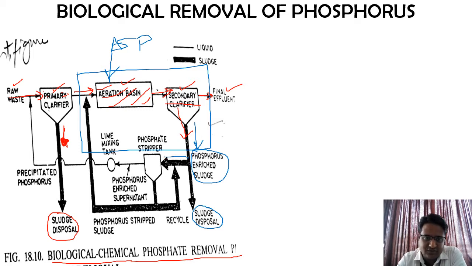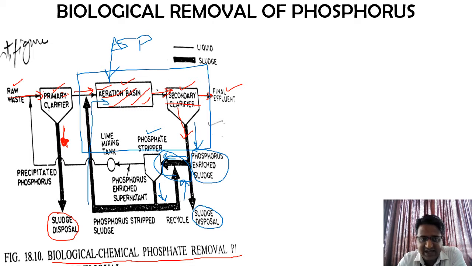This goes to the phosphate stripper, which is also like a clarifier, but where we add a few chemicals. Here also we get a sludge, which is partially recirculated to the initial compartment, and some of it is recirculated back to the aeration tank.